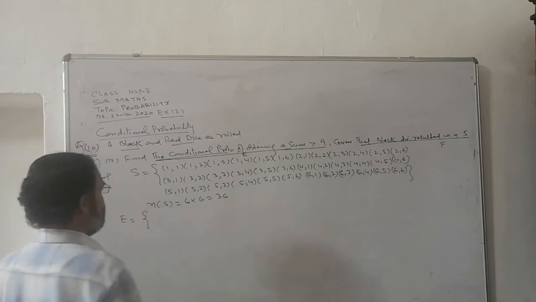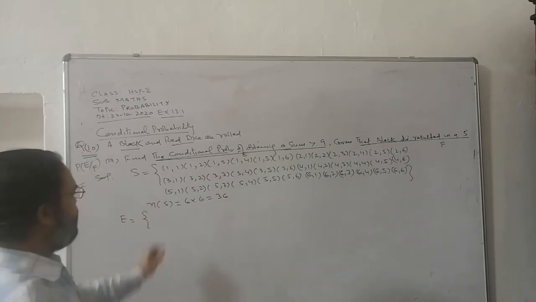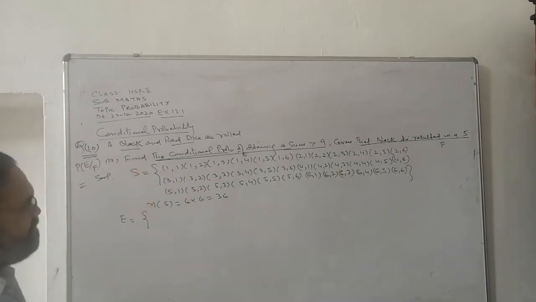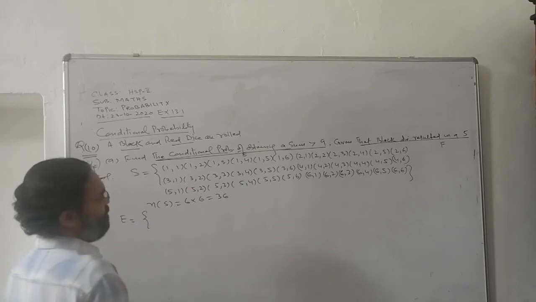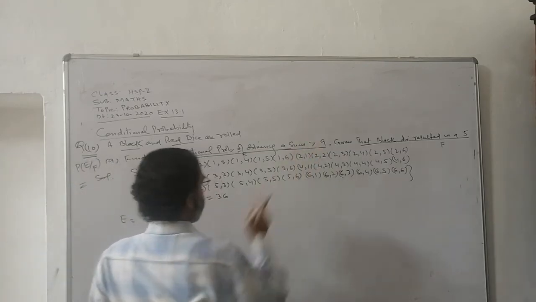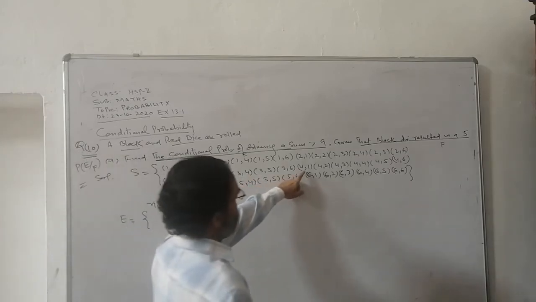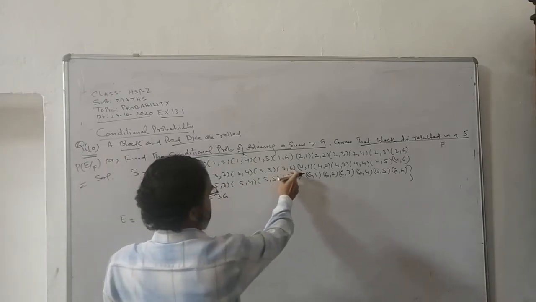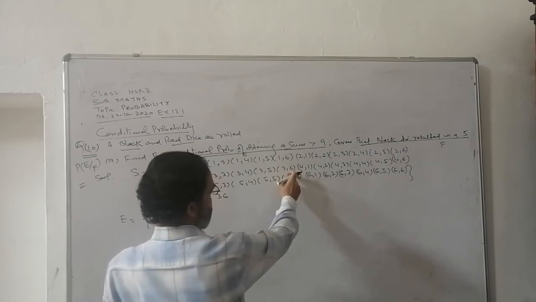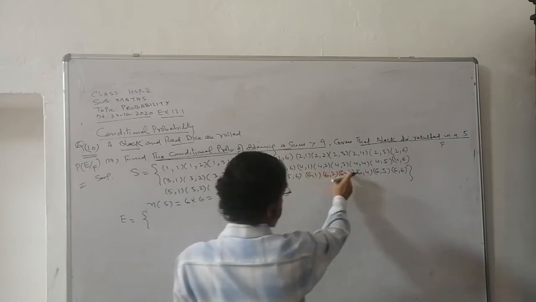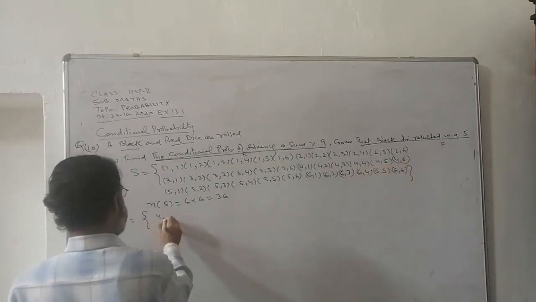So what are the favorable points for getting a sum greater than 9? Out of these 36 points, we have to find the pairs where the sum is greater than 9. 3 6 is 9, so greater than 9 means this is one pair, 4 6.